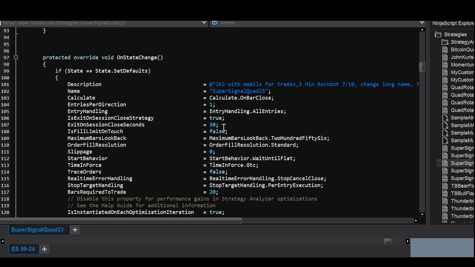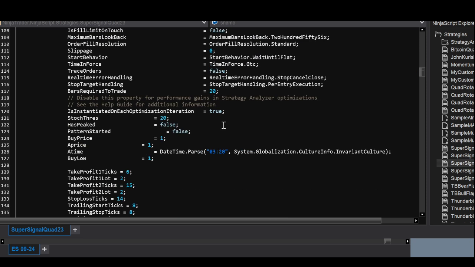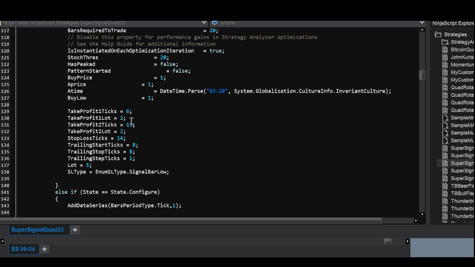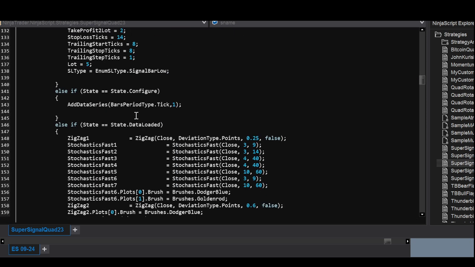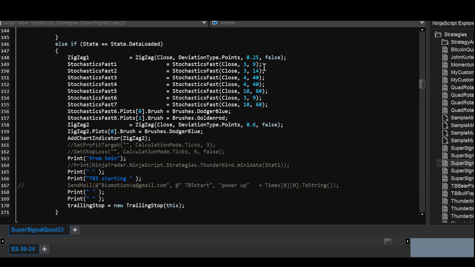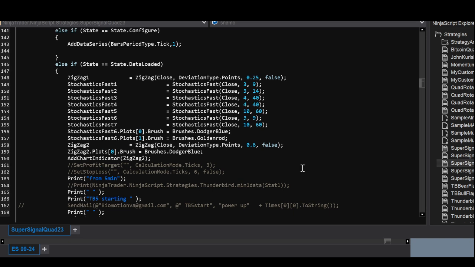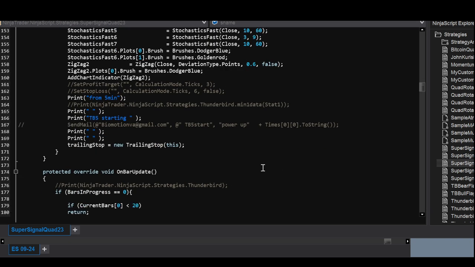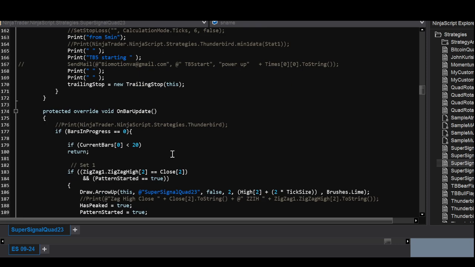All right, so part of the formula that I was working here, you see I'm using the 9, 3, 14, 3, 44, and 60, 10 as my quads. But I'm also using a zigzag, the zigzag indicator.